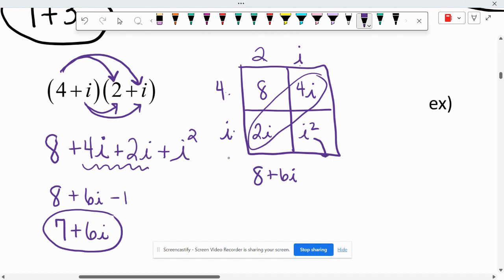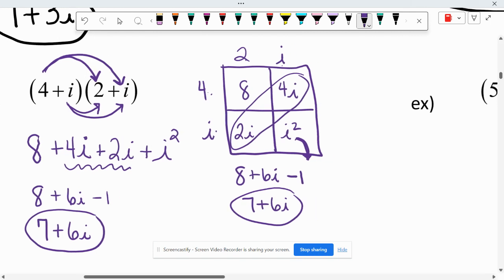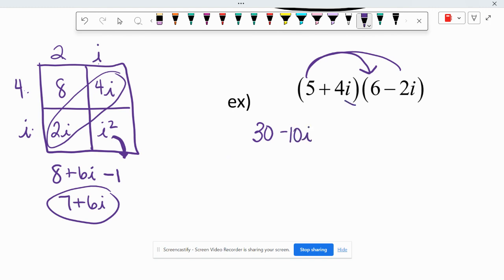And then I always take my i squared out and write it for what it is, which is negative 1. 8 minus 1 is 7 plus 6i. So you can use that box if you like that method. I want you guys to do the next example. Do you want me to do this with a box or FOIL method? Or both? Both? Okay.